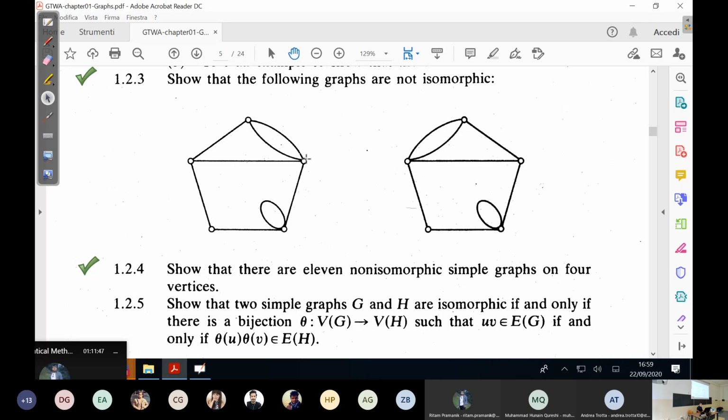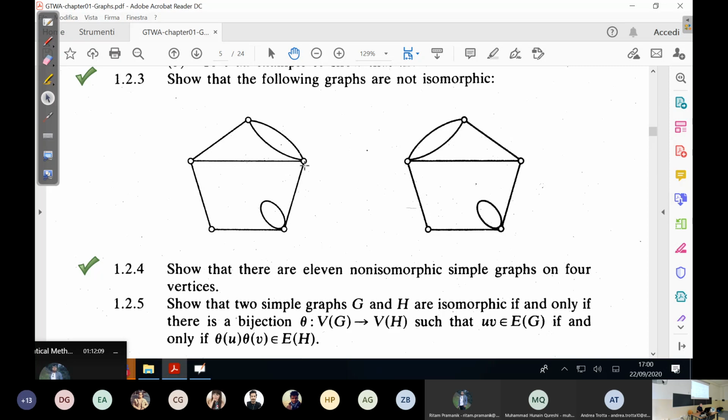But look, one of these vertices is adjacent to the one of the loop, okay? And so its corresponding vertex should be adjacent to the one of the loop. And this is not the case.